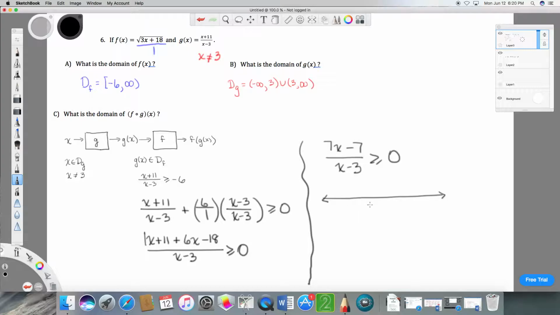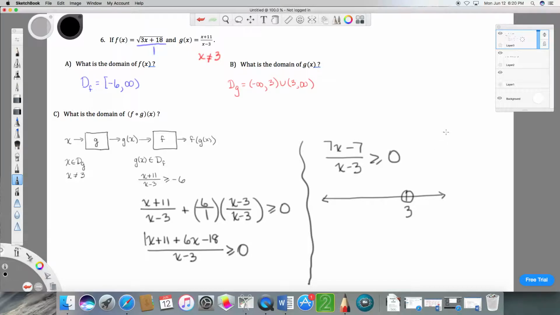So we look at the numerator and denominator, and separately we set them equal to 0 and solve. X minus 3, 3 minus 3 gives us 0. So if x were allowed to equal 3, I'd be in trouble because 3 minus 3 causes division by 0. I exclude 3 from the domain.